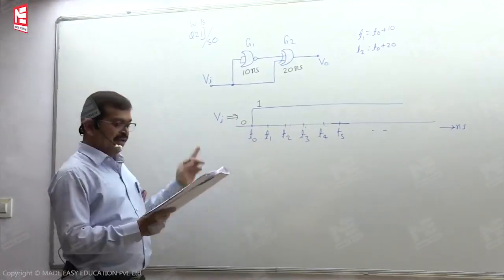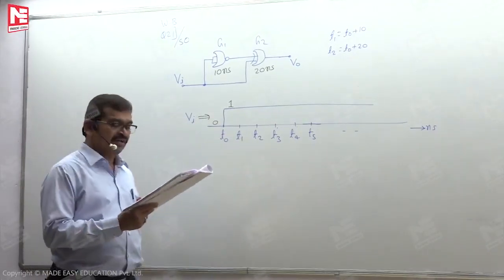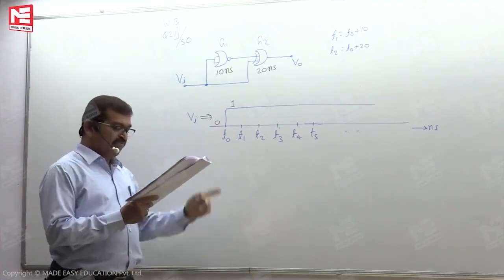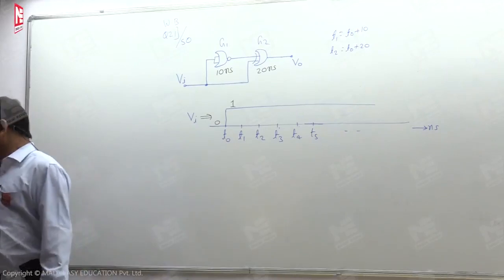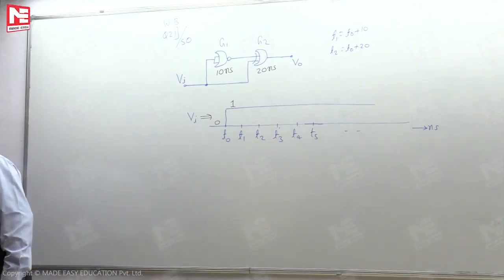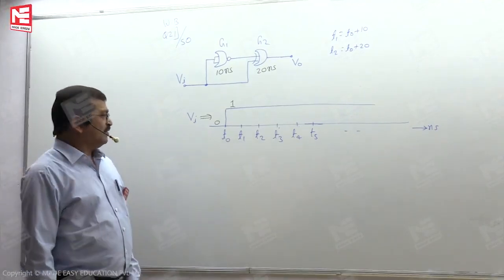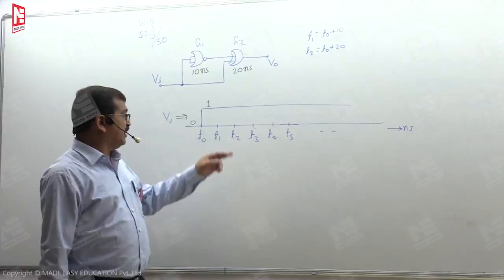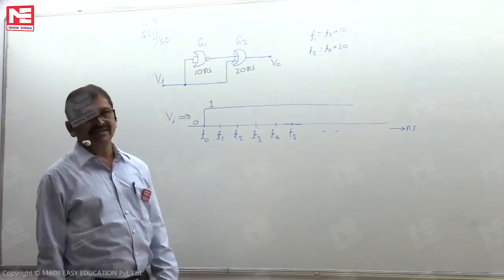If the input Vi makes an abrupt change from logic 0 to logic 1 at time t equal to t0, then the output waveform V0 is the question. Options A, B, C, D are given. We can identify the right waveform only if we draw the waveform of V0.